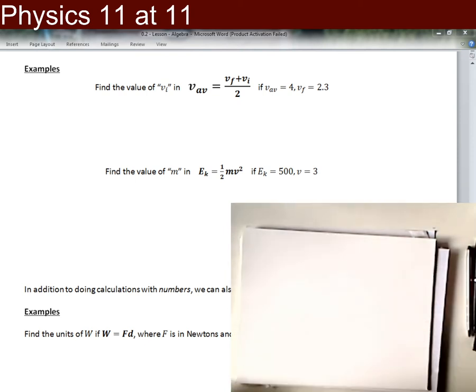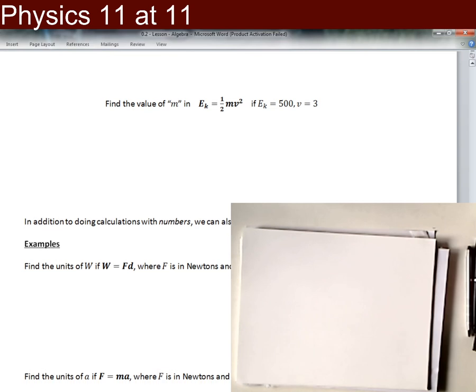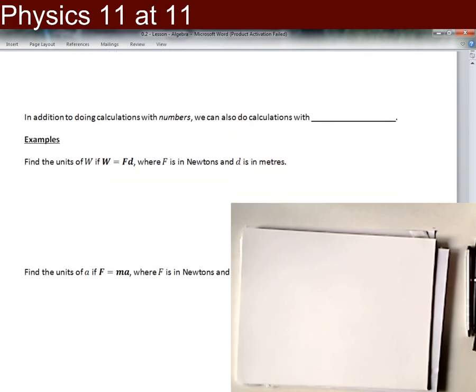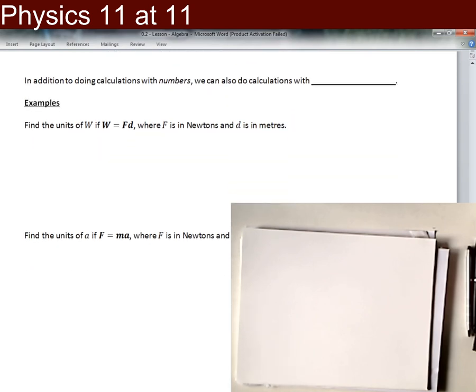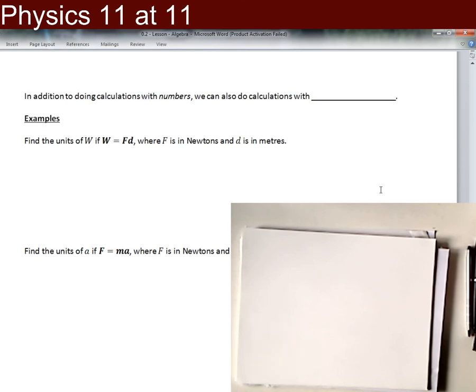Now, what we did are a couple of very good examples, typical of some questions that are going to be coming up in your lives. But we want to do another trick with it, and that is trying to figure out what units are. And that's what goes in this blank right here.